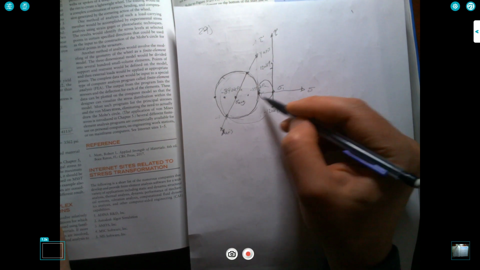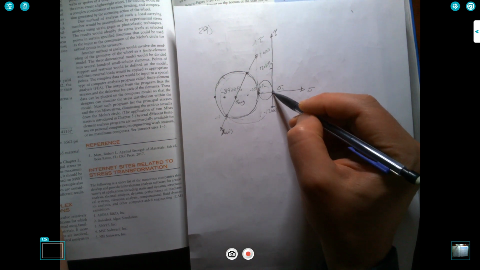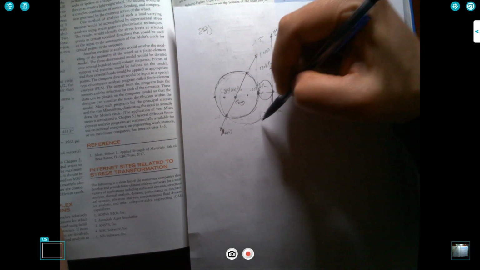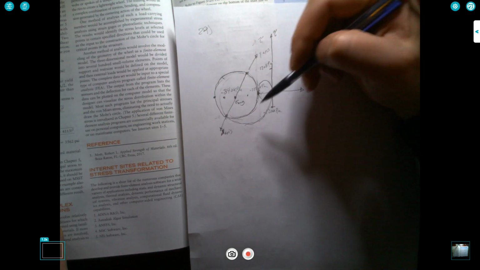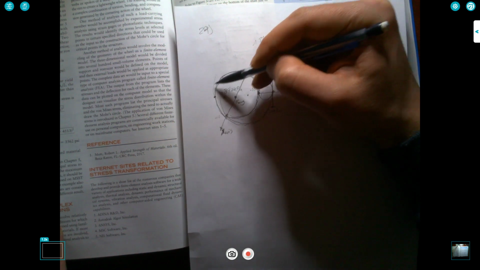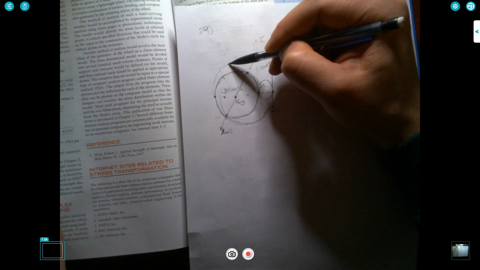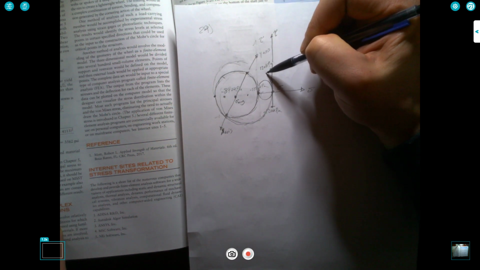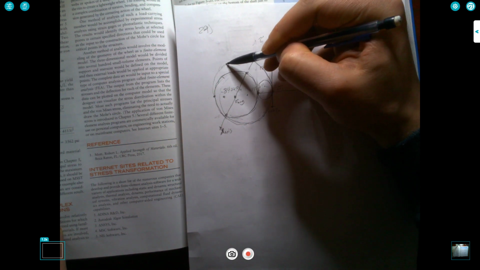So now this circle here ends up being, again, if I had some software to draw this with, it might look a little better. You get something like that.